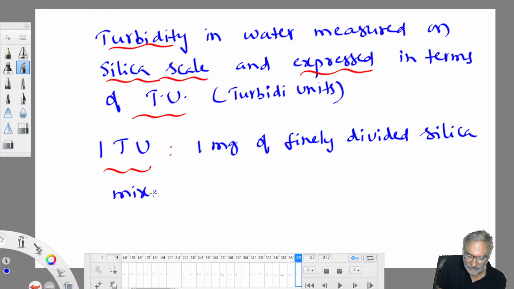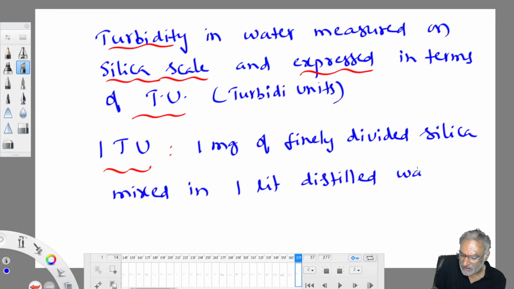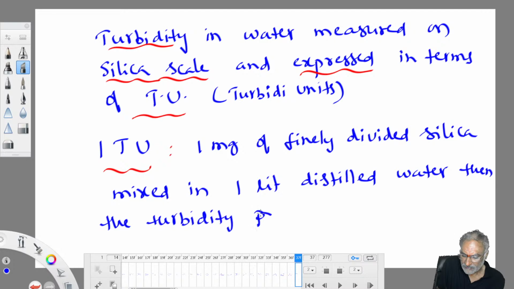1 milligram of finely divided silica mixed in 1 liter of distilled water: the turbidity produced is taken as 1 standard turbidity unit. This is called the silica scale. 2 milligrams in 1 liter, 2 turbidity units. 3 milligrams in 1 liter, 3 turbidity units.